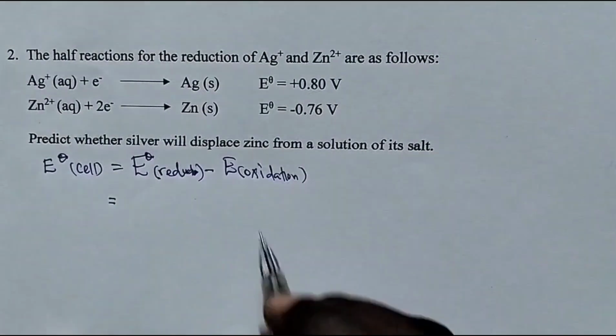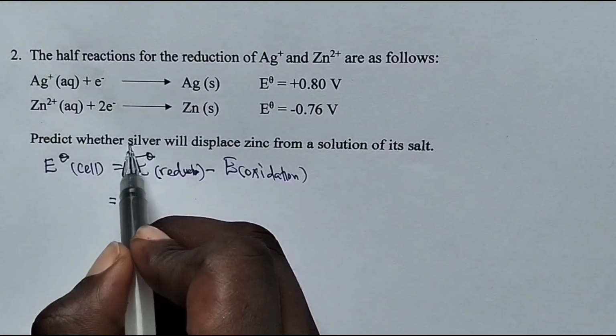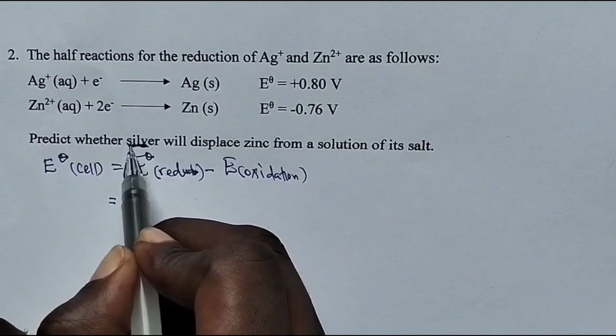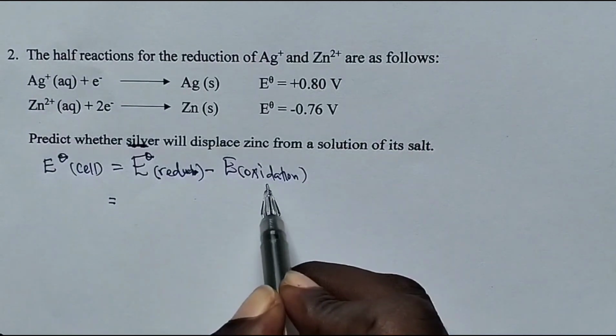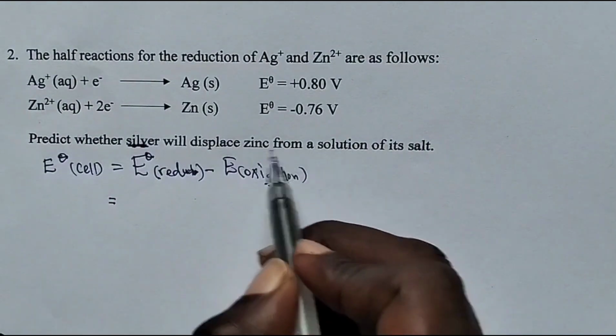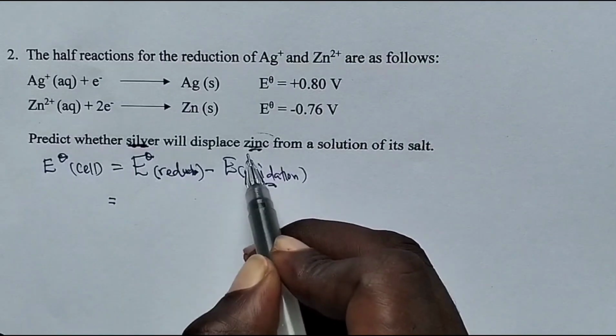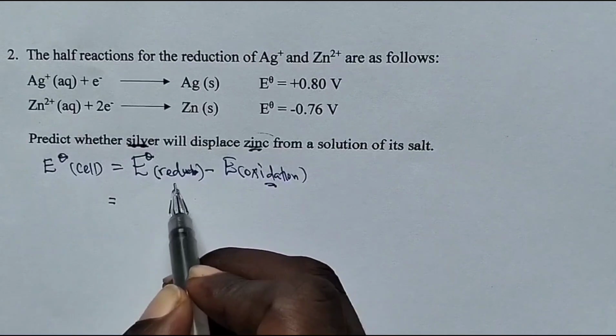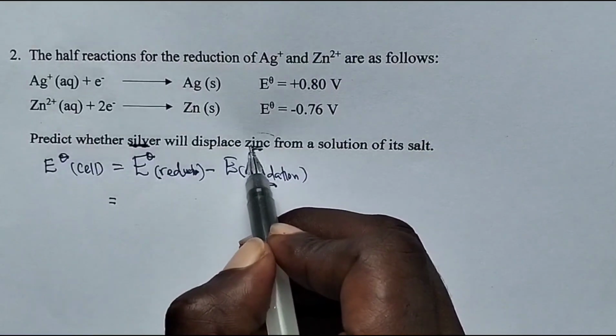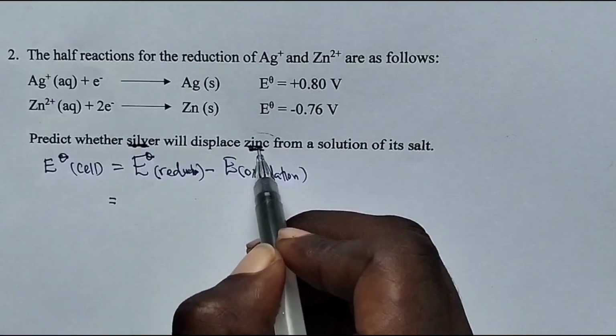Here silver is the reducing agent, so it will be on the side of oxidation. That means zinc will be here, the one that undergoes reduction. So what will be the electrode potential value for the zinc half cell?